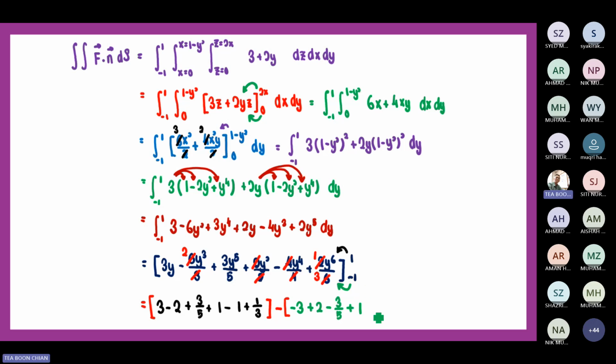Negative 1 power 4 is also positive. So minus positive 1, plus negative 1 power 6, also positive. So positive 1/3, it's actually 1/3.